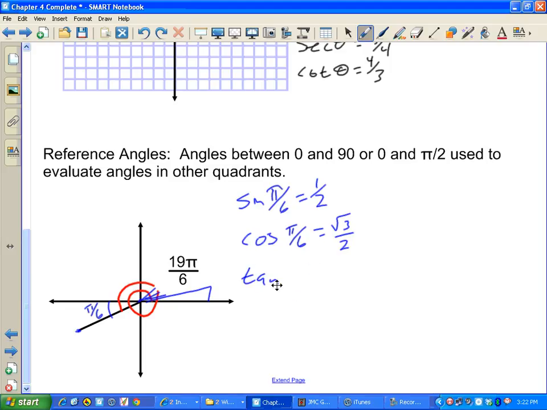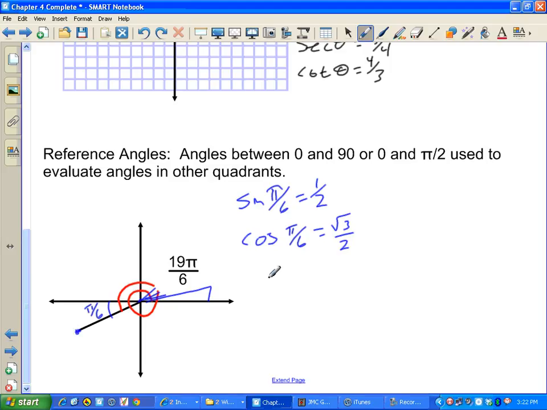And then we can deal with tangent. So I'm going to use these reference angle values to find the values here. So I know that pi over 6 has these values. So if I want to know the y value down here, I'm going to go from the spot I'm at. I know that if I'm in the third quadrant, my sine value is going to be negative.